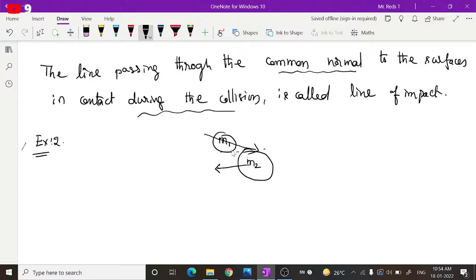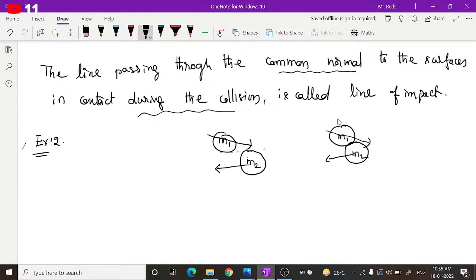After coming closer, M1 and M2 may come into contact somewhere here. I may be drawing one a little smaller and one bigger, don't get confused. This is how they are moving. For the first body, this is the line of motion.